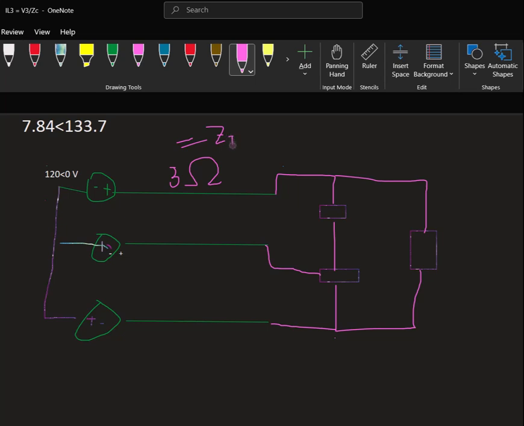And our load impedances Z A, Z B, and Z C are all the same, 25 plus j5.